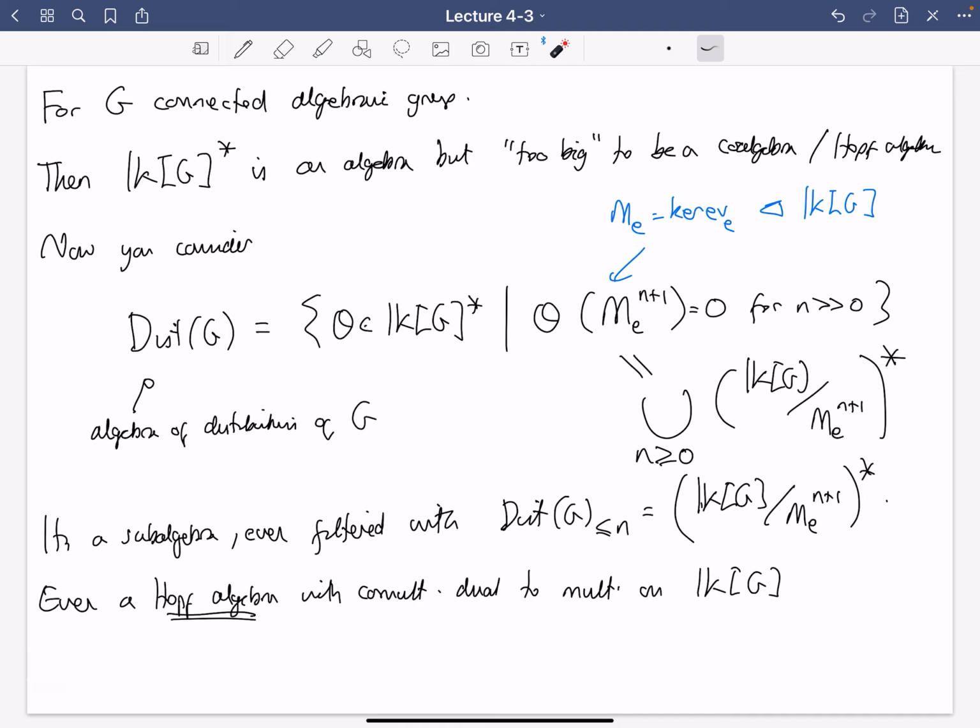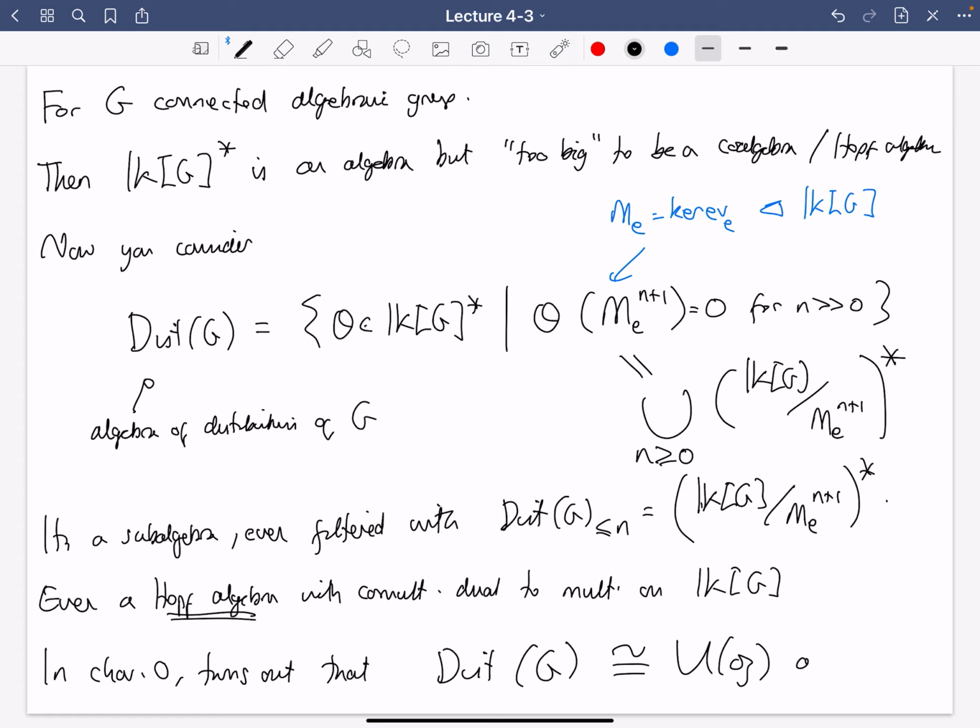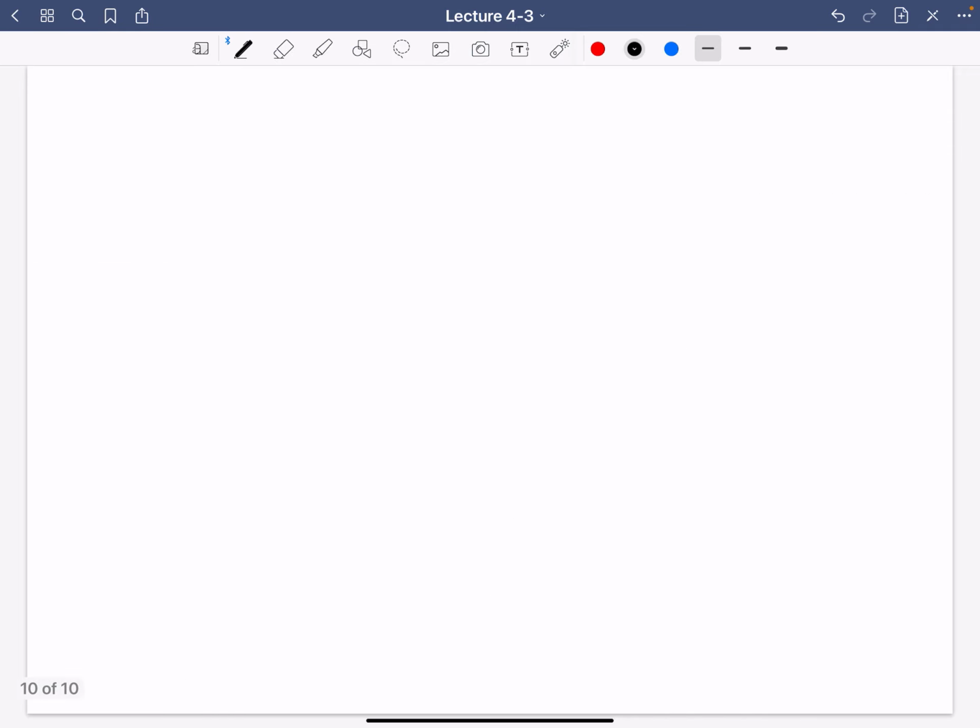But let me just finish out, since I've run on a little bit. Let me just write a little tiny sentence. In characteristic 0, it turns out that dist G is actually isomorphic to the universal enveloping algebra of the Lie algebra as Hopf algebras. I'm going to be just a little bit incomplete here, I think.